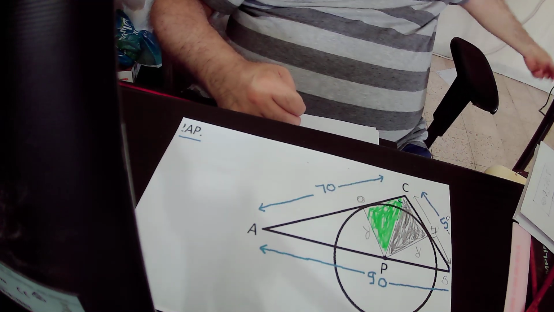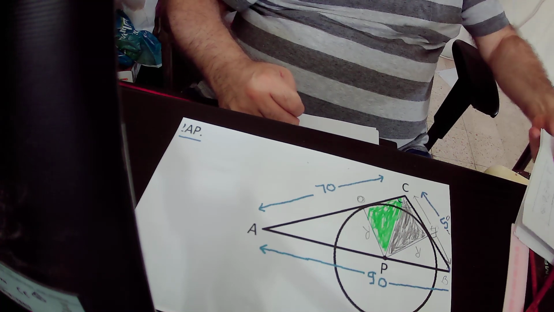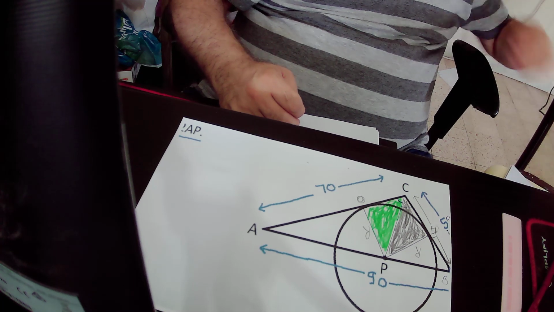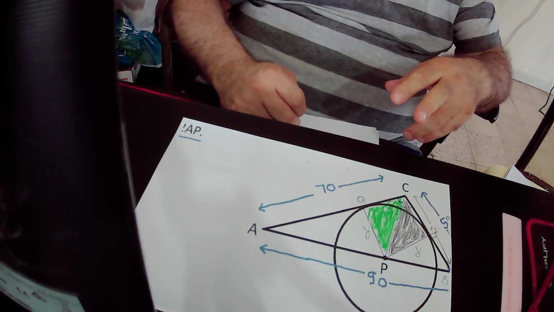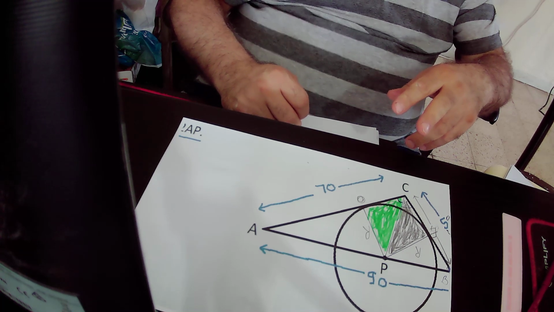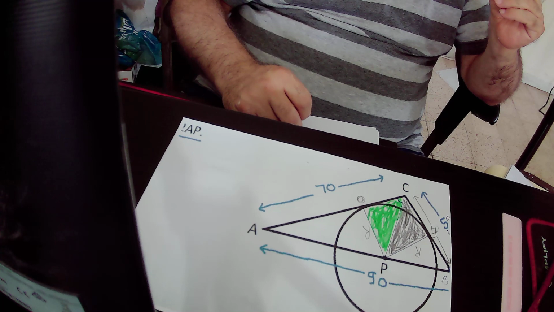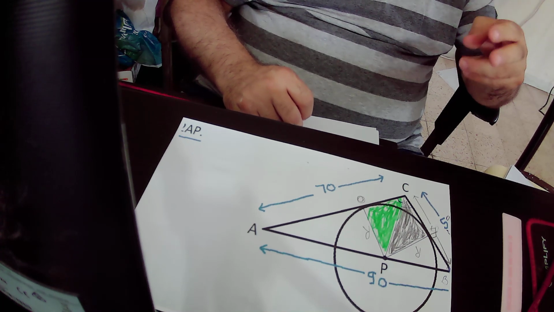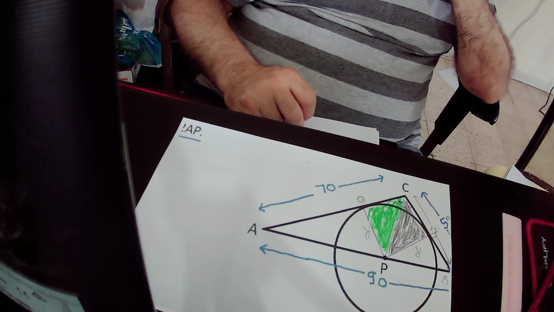So we actually created 2 triangles, the green triangle and the black triangle, and those 2 triangles are congruent to each other, or overlap each other.